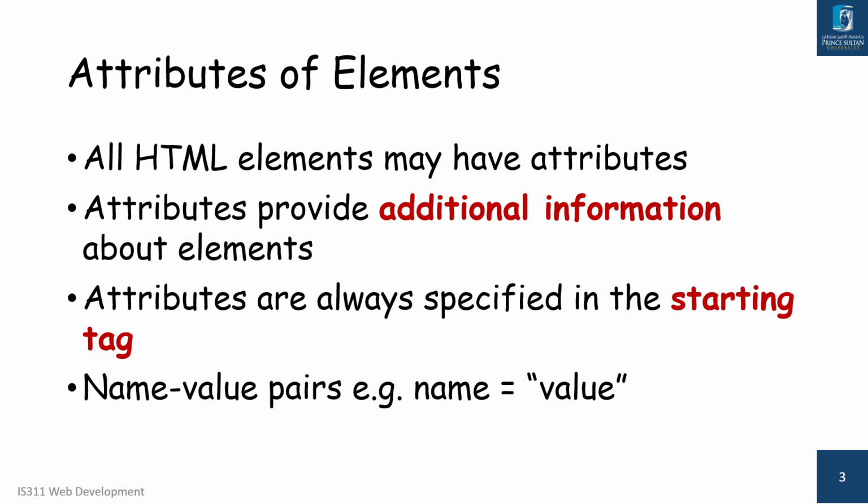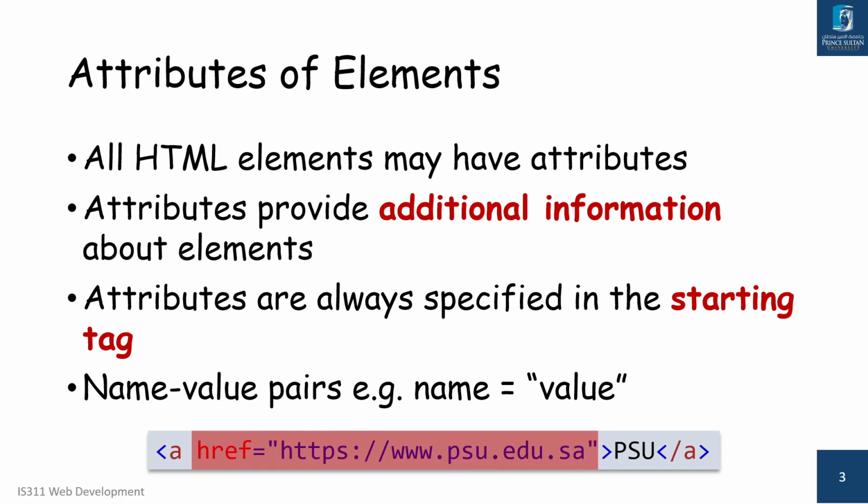So for every element that you can see inside the HTML, there is some additional information that we can provide as properties or attributes of that element. Those attributes can be like this, the href attribute.